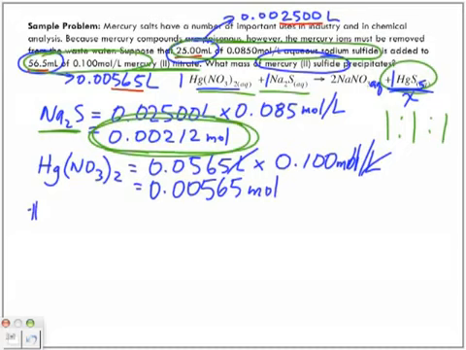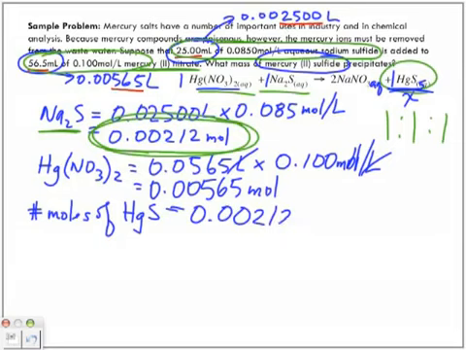So the number of moles of mercury sulfide is equal to 0.00212 moles. Now, we want to convert those moles into grams, right? So if we have moles, what do we do? We want to find the molar mass of mercury 2 sulfide.